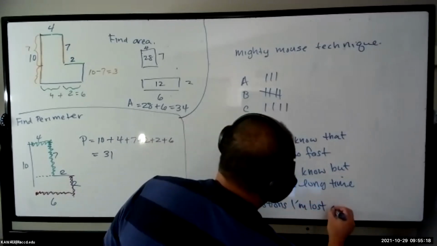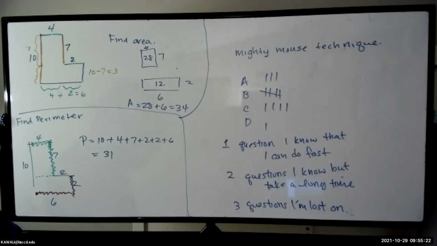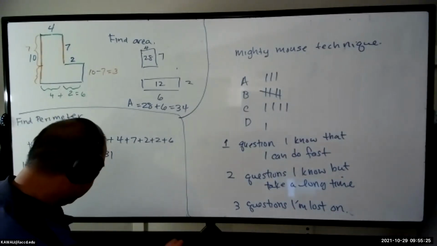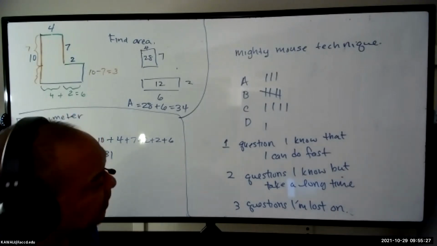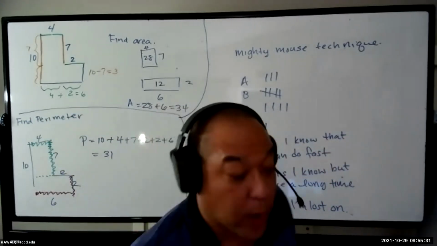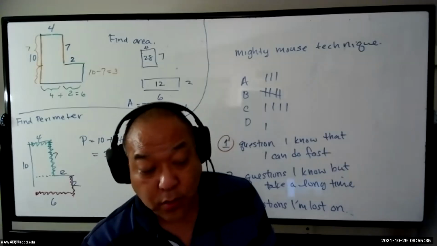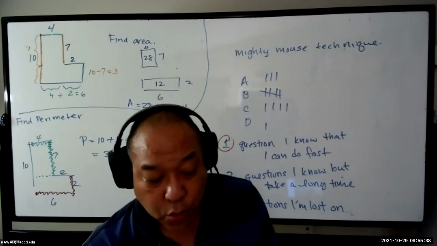Okay. So the key is this. As you go through the exam, that's your bread and butter. You want to make sure you spend your time on the questions that don't take a long time that you know you can do. Don't blow those.